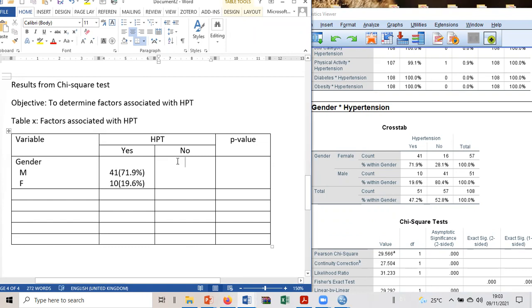No, 16. Sorry, this is female, right? This is female, and that's male. 16, 28.1%.